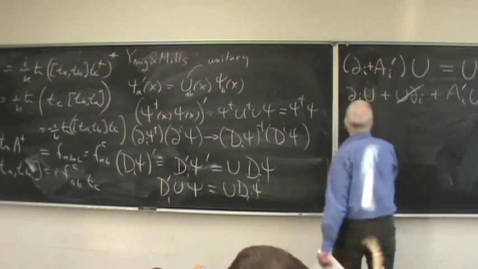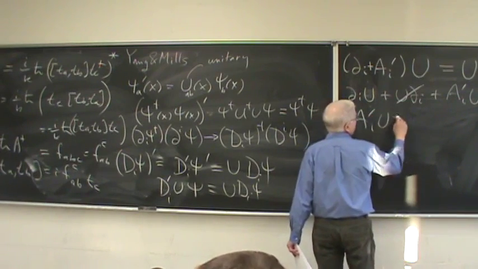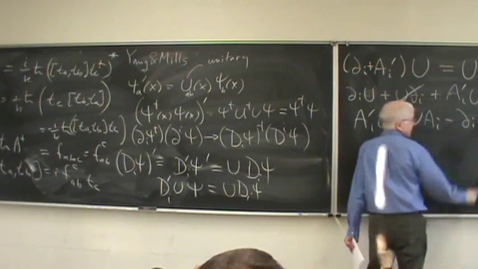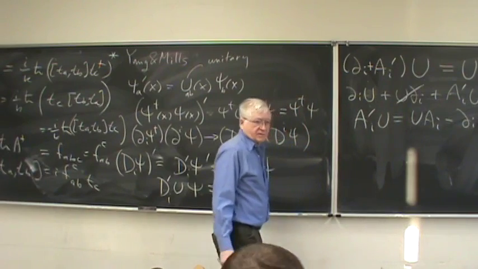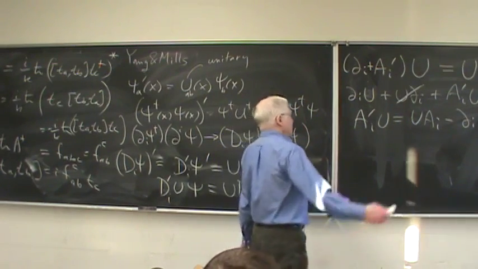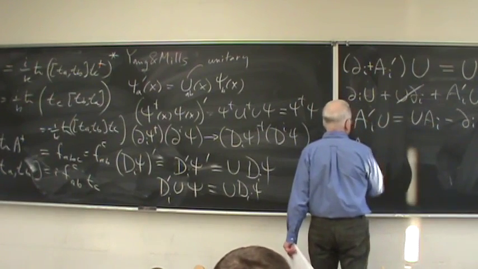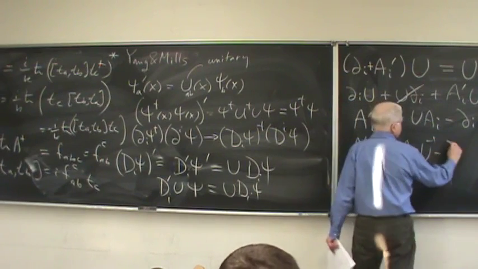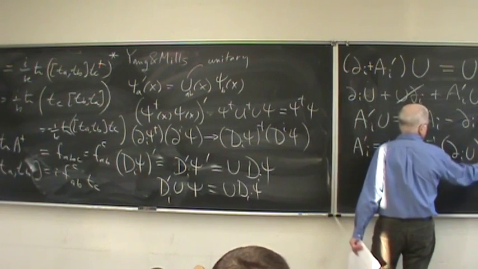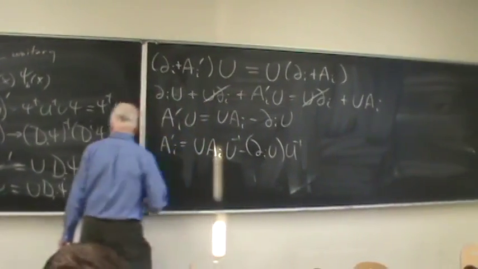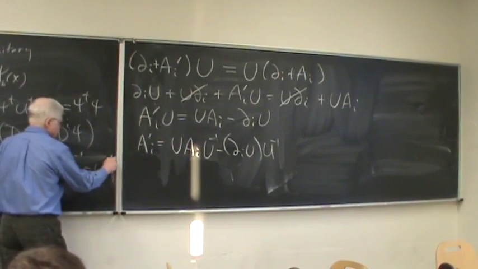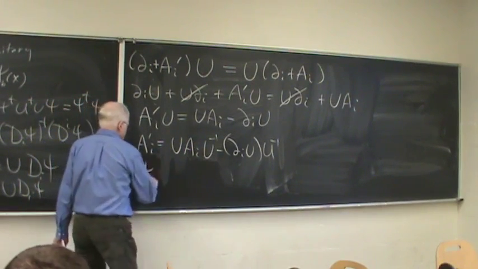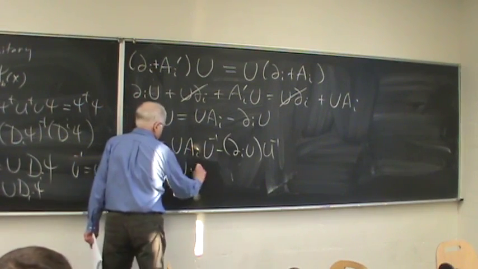What's left is that A_i prime U should equal U A_i minus D_i U. Now we multiply by U adjoint or U inverse, and we get the rule: A_i prime equals U A_i U inverse minus D_i U U inverse. Of course, here U inverse is the same thing as U adjoint, so you can do it either way. So this is the general rule, and psi prime is equal to U psi.